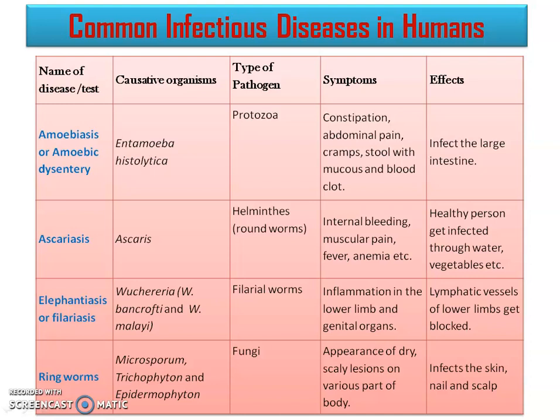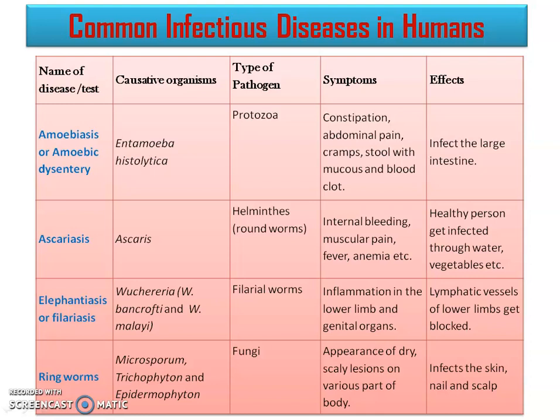This type of disease infects our digestive system, and the intestines get blocked with these worms. This disease is generally transmitted through contaminated water, vegetables, etc.